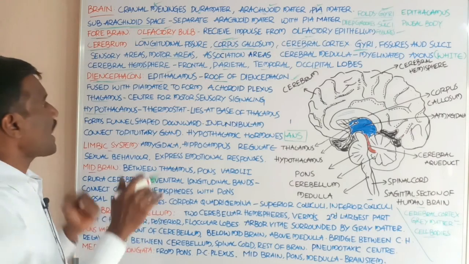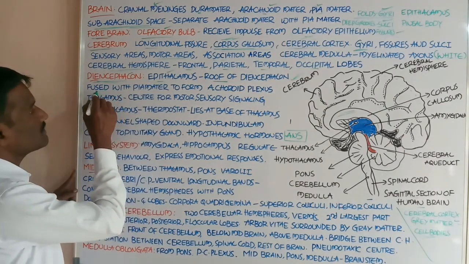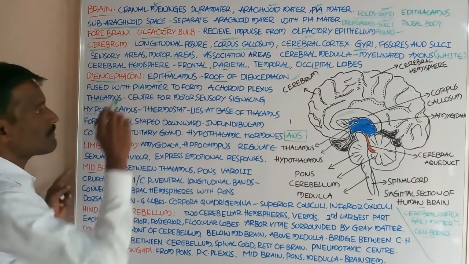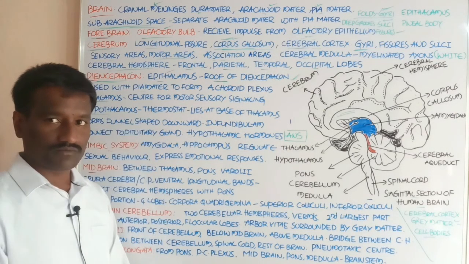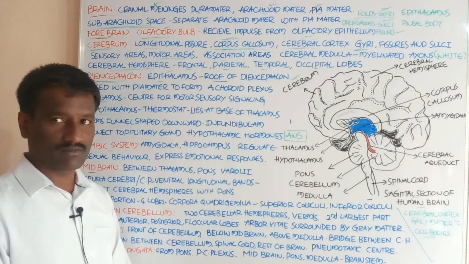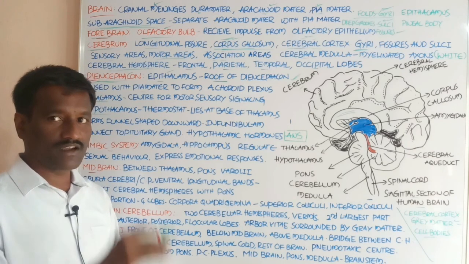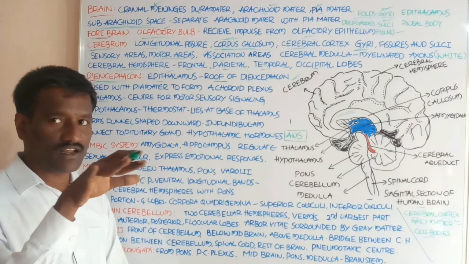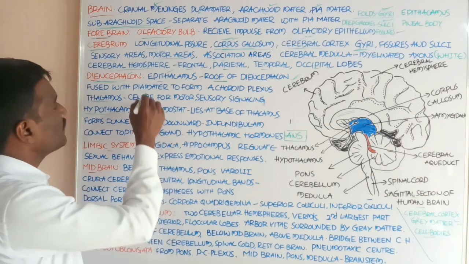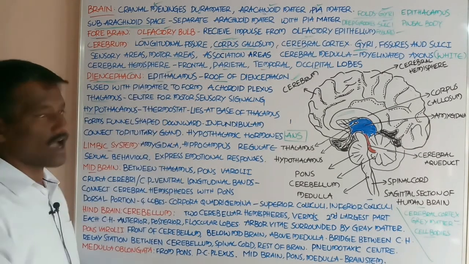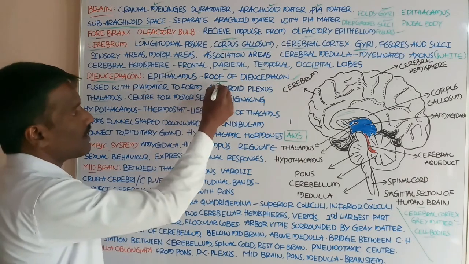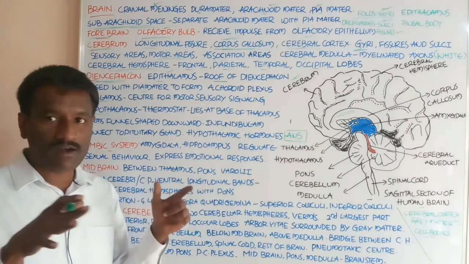The epithalamus is fused with the pia mater. Pia mater is the upper layer of the cranial meninges. It covers the inner surface of the cranial cavity, and the pia mater fused with part of the epithalamus forms the anterior choroid plexus.